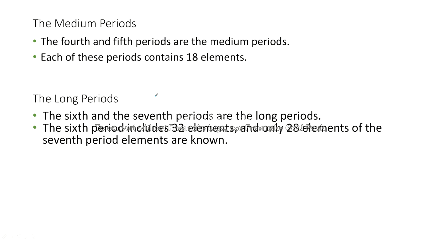The long periods contain the 6th period and the 7th period. The 6th period has 32 elements, but of those, only 28 are known. So there are still 4 elements that need to be studied.